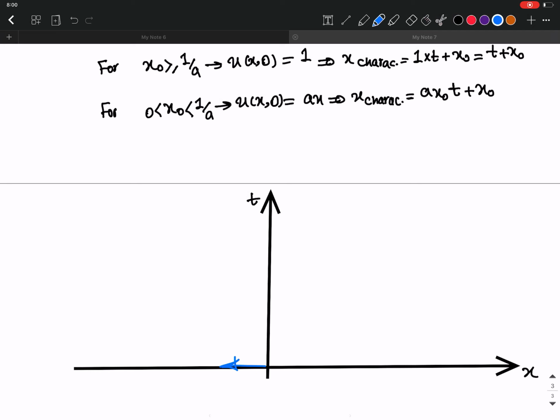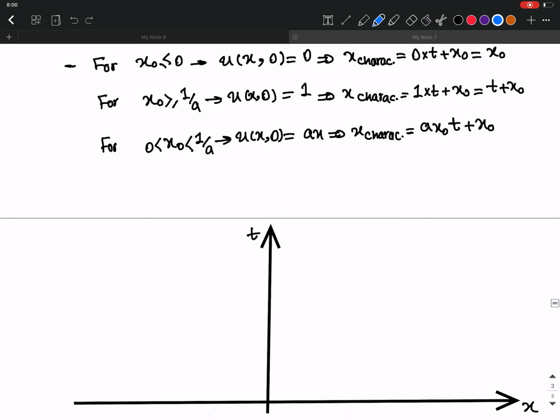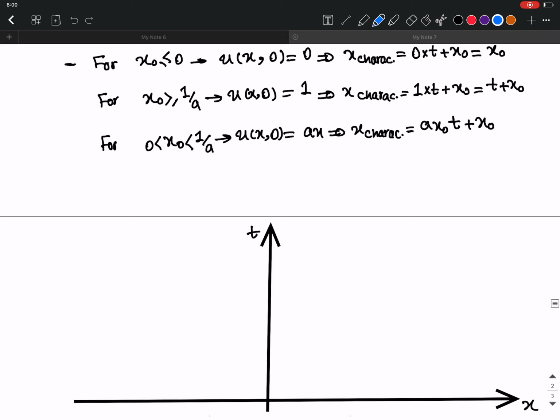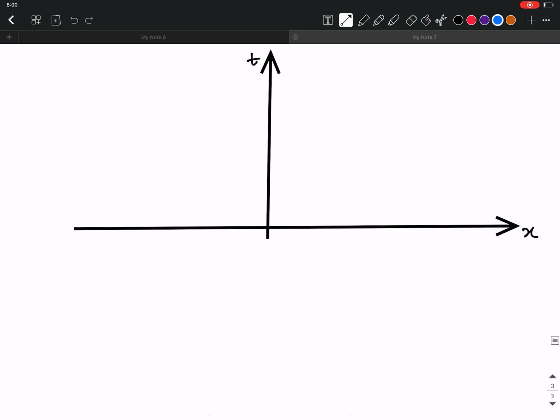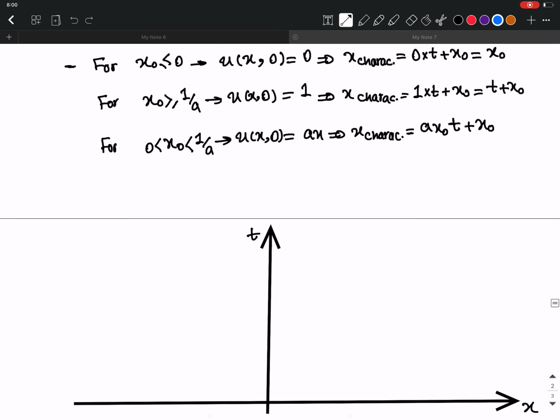When x0 is less than 0, then u is going to be 0, and the characteristic is just x0. So it's going to look something like this. If I plot it, it looks like this.